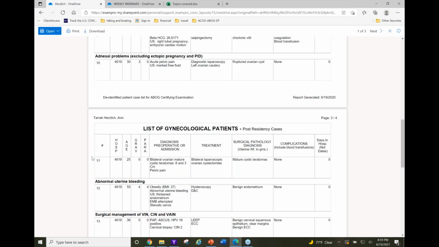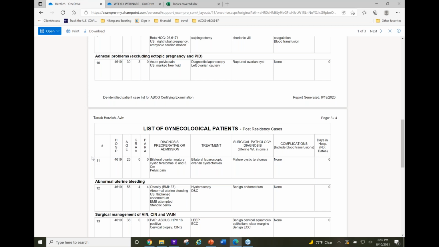Well, I met this patient because she had complaints of pelvic pain, and on physical exam I noted that she had a mass, and on ultrasound, the report specifically said mature teratomas.